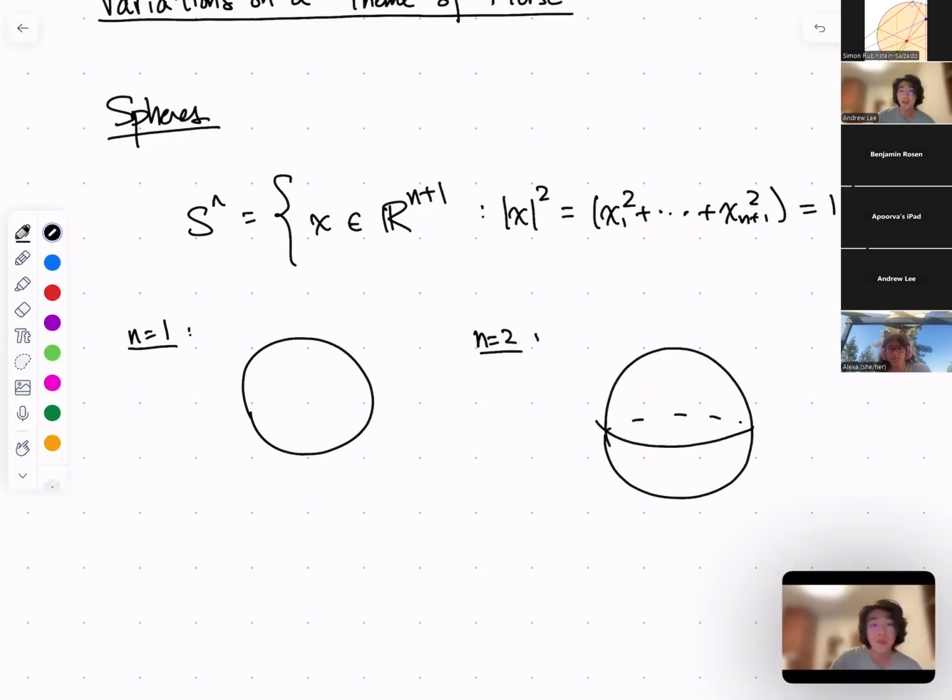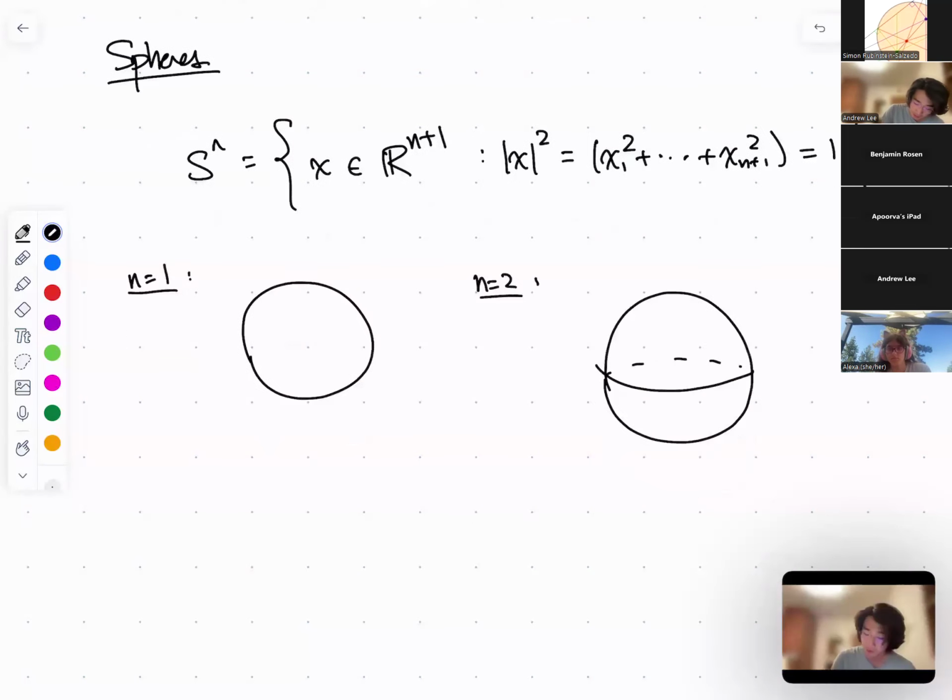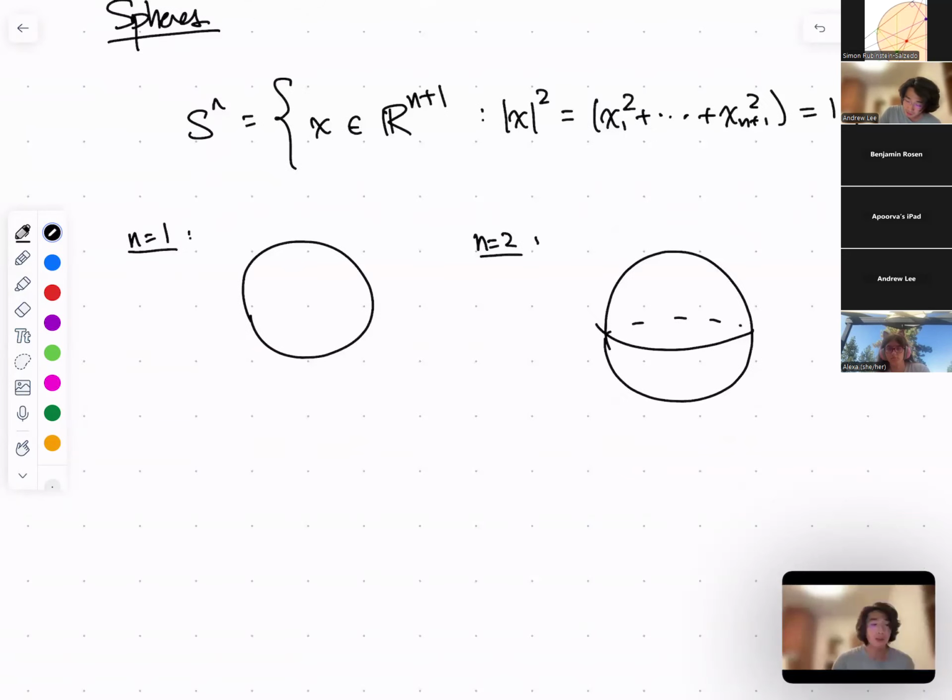But for n equals 3 and higher, we run into trouble. In the case of n equals 1, we have an ambient two-dimensional space. In the case of n equals 2, we have an ambient three-dimensional space. But in the case of n equals 3, we need a 3 plus 1 dimensional ambient space, a 4-dimensional ambient space.